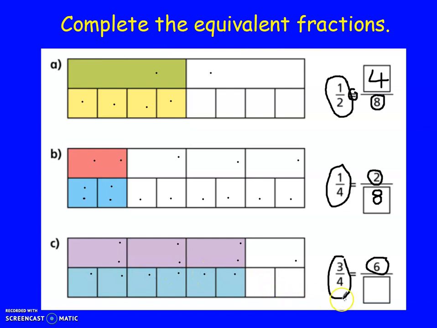So we need to work out the denominator at the bottom. So how many parts are there altogether? 1, 2, 3, 4, 5, 6, 7, 8. So 8 is our denominator. So 3/4 is the equivalent of 6/8. Well done if you managed to get those right.